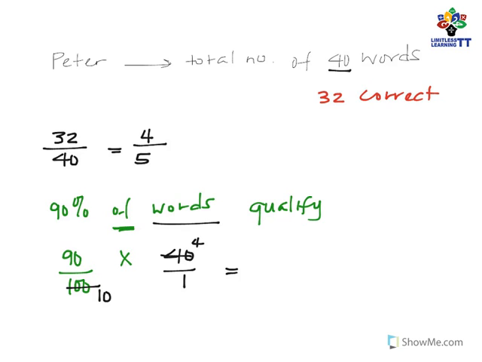And then I'm looking at 90 and 10. They both have a factor of 10. So 10 divided by 10 is 1. 90 divided by 10 is 9. And so I'm left with 9 times 4, which gives me 36. So Peter needs to spell 36 words correctly to qualify for a prize.